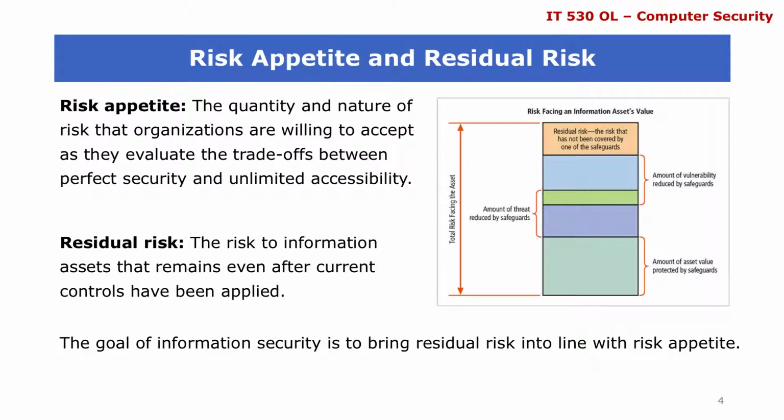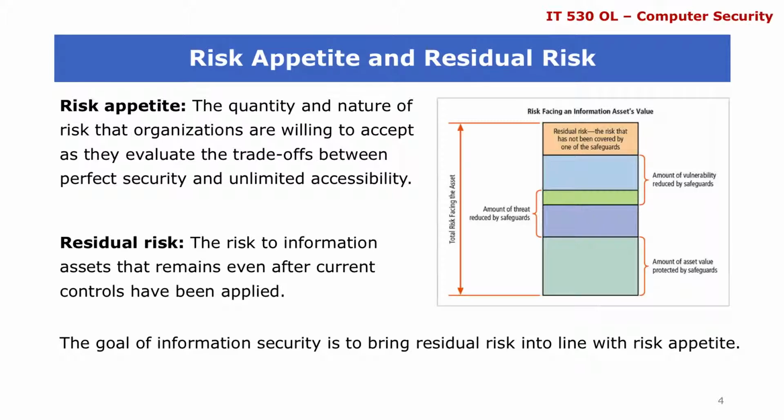Remember, we keep mentioning that risk can never be eliminated 100%. It can only be reduced down to an acceptable level. Determining what that acceptable level is also falls within the risk appetite of the organization.